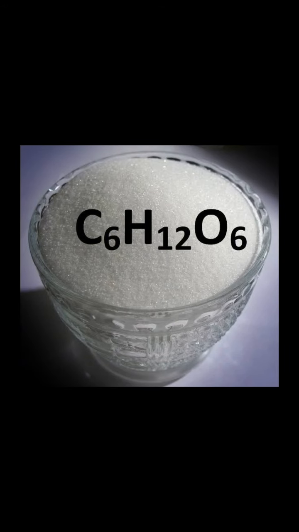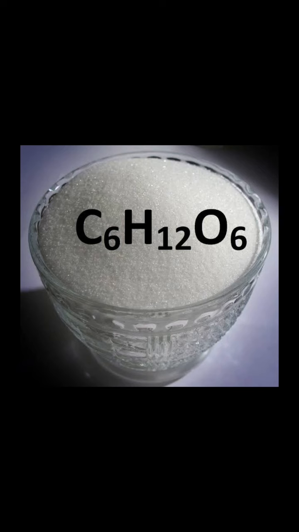The chemical formula of sugar is C6H12O6. In C6H12O6, what is C? It's carbon. H is hydrogen and O is oxygen. Once again, I'll repeat the formula of sugar.